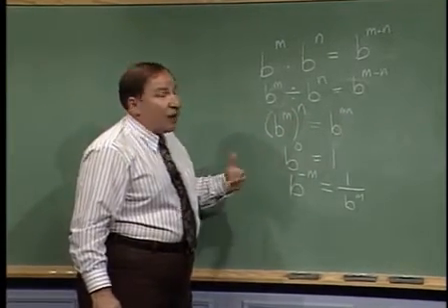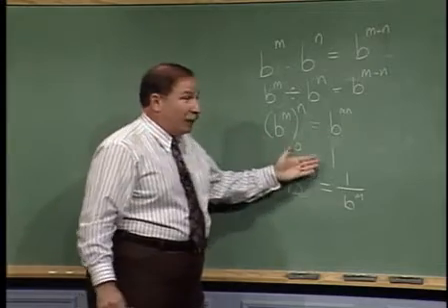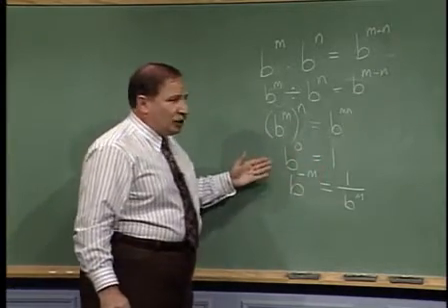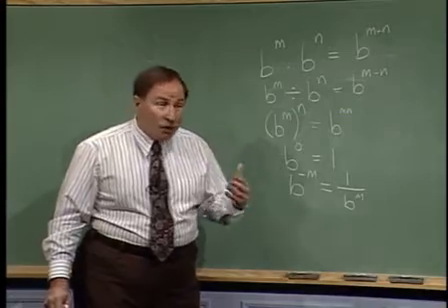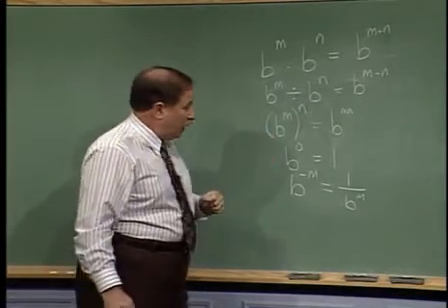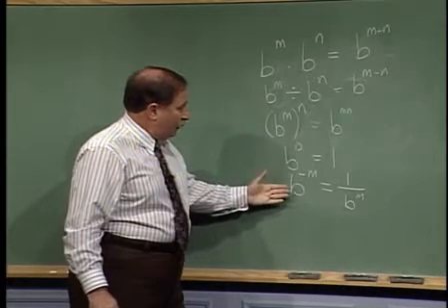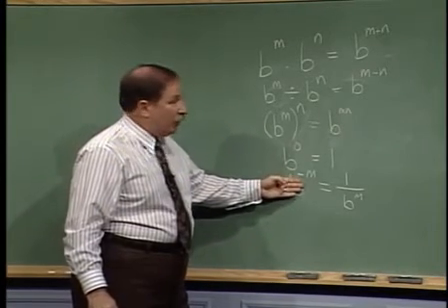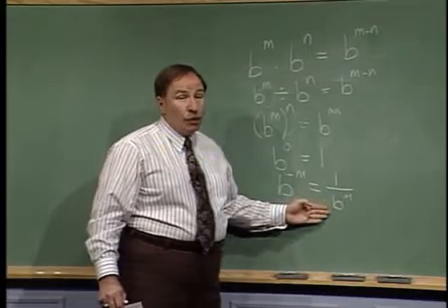Anything, well, 17.38 to the 0 power is 1. As I like to say, your social security number or telephone number to the 0 power is 1, because anything to the 0 power is 1. And for example, 8 to the negative 2 power is 1 over 8 squared.